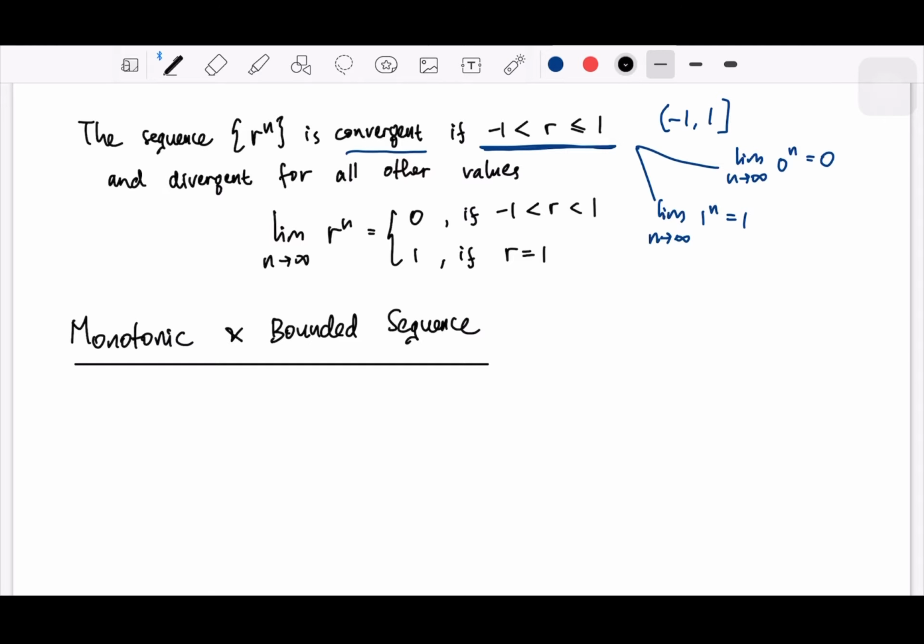Monotone or monotonic, mono means 1. So you can think like you have a limit and then it increases, or decreases. In a sequence, you can arrange the numbers, and maybe you see that the pattern becomes increasing or the pattern becomes decreasing. So increasing or decreasing, that's called a monotonic sequence.